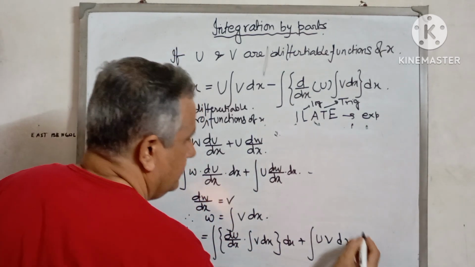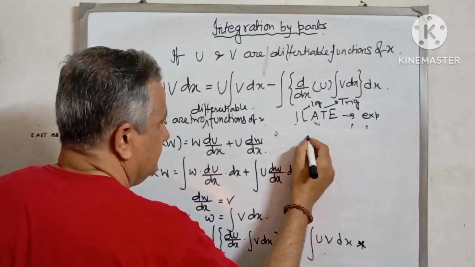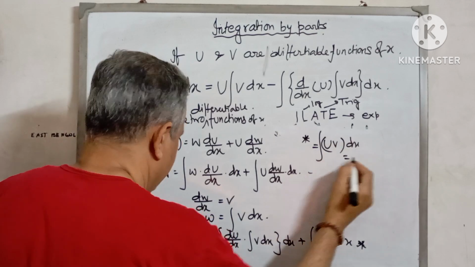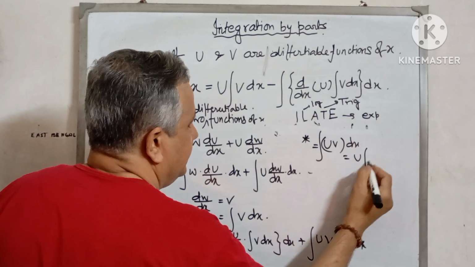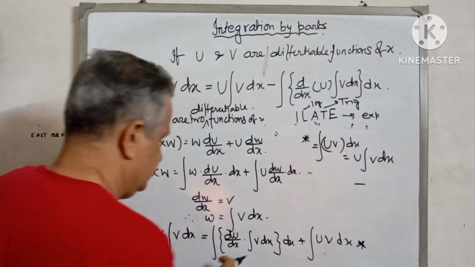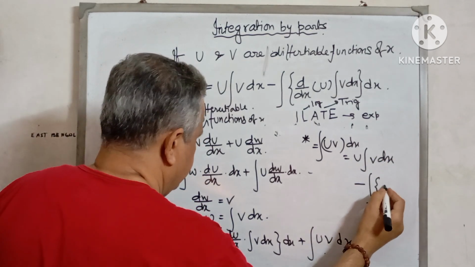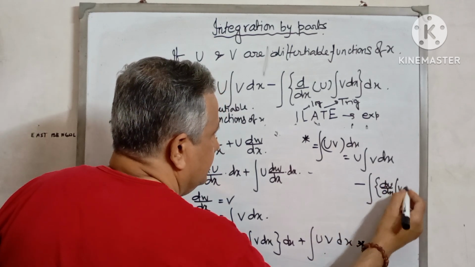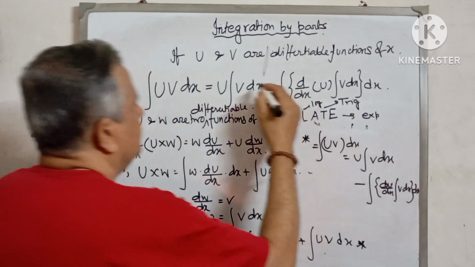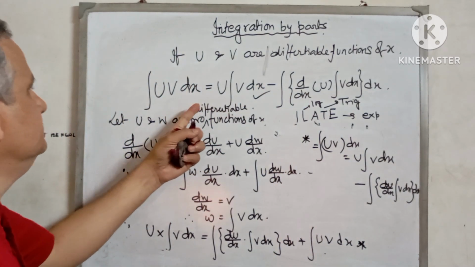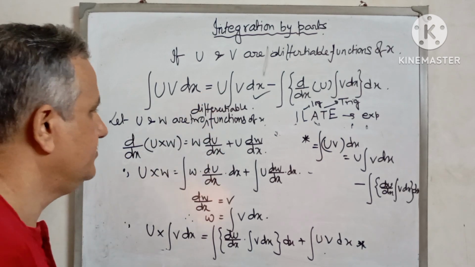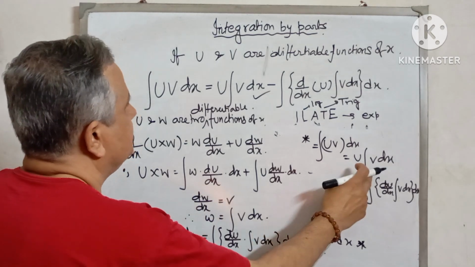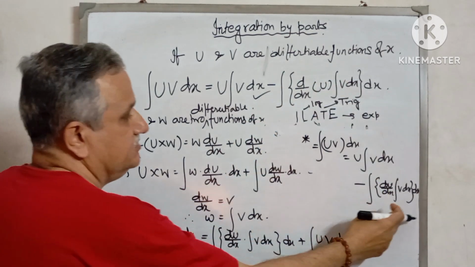From here we can write the integration of u into v dx equals u times the integration of v dx minus the integration of d/dx of u, that is du/dx, times the integration of v dx, whole dx.